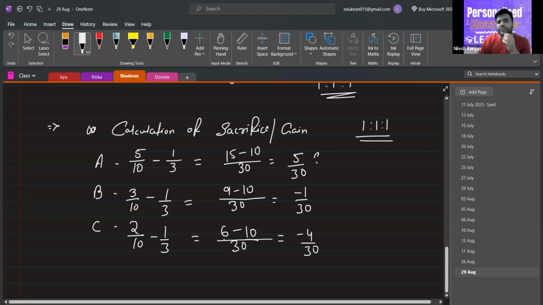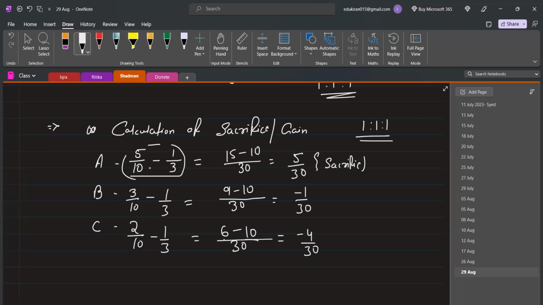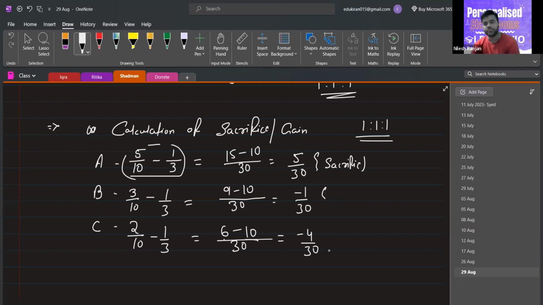So this is sacrifice, because we have used the formula of sacrifice, old minus new, and we get a positive result, which means it is sacrifice. But for these two, using the same formula the answer is negative, so these two are gain.